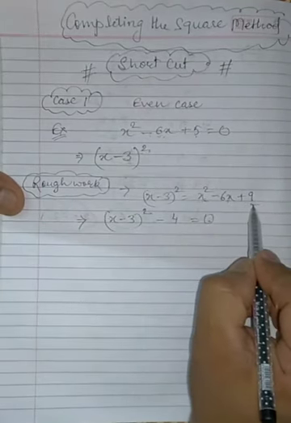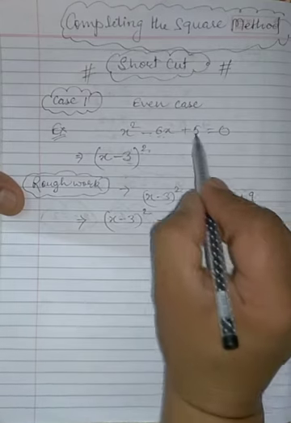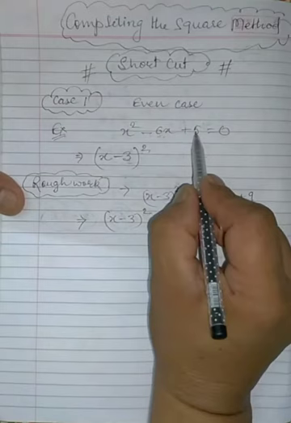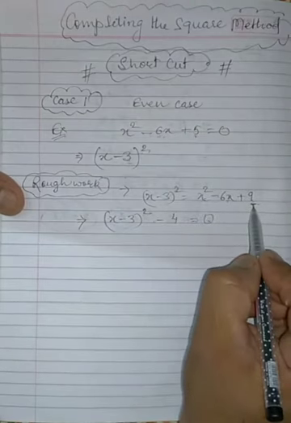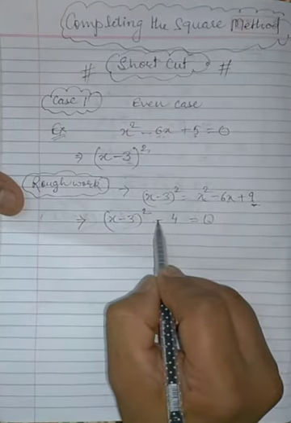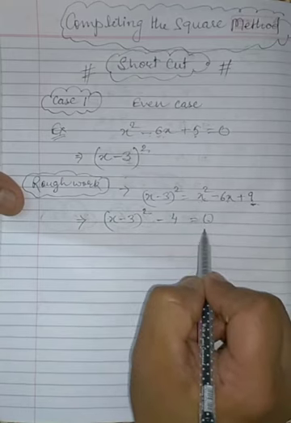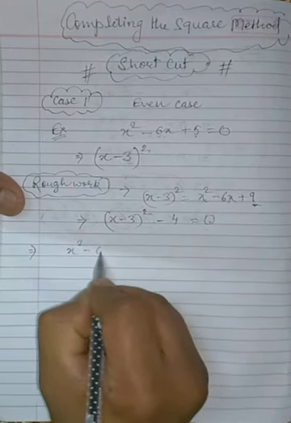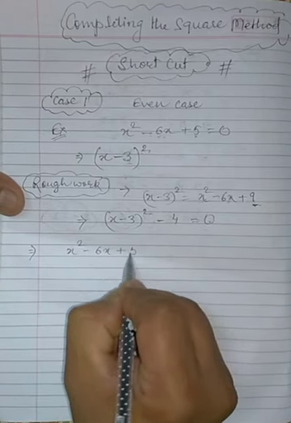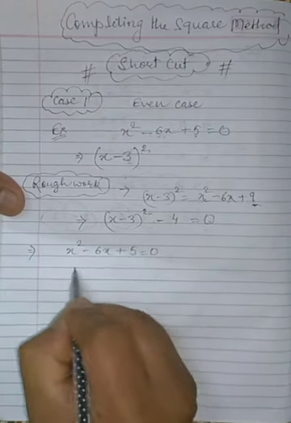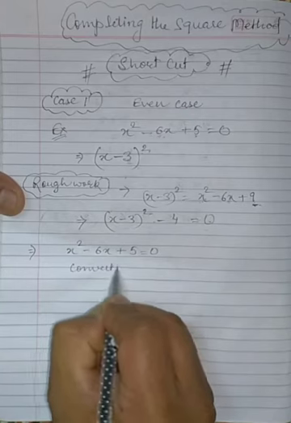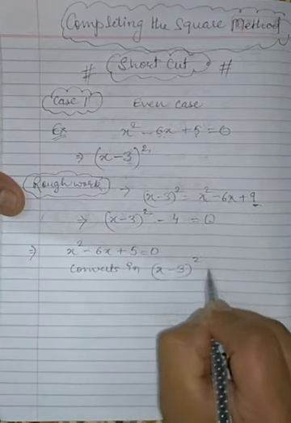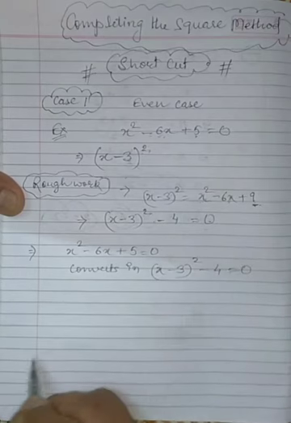So this third term I have to convert to be equal to this. So how to convert 9 into 5? By subtracting 4. So I have written here minus 4 equal to 0. That means your x square minus 6x plus 5 is equal to 0 converts into x minus 3 the whole square minus 4 equal to 0.